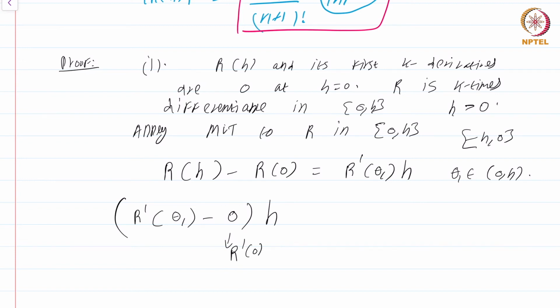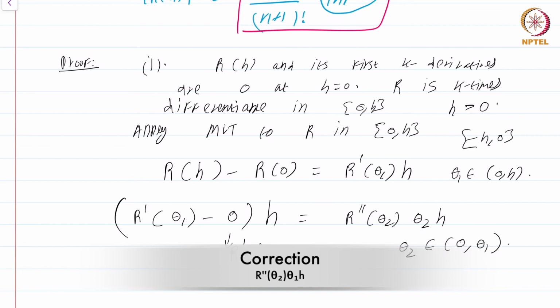So you can apply the mean value theorem again now to the function r prime to get r double prime of theta 2 times h, where theta 2 lies in 0 theta 1, right? So this is just applying the mean value theorem again.